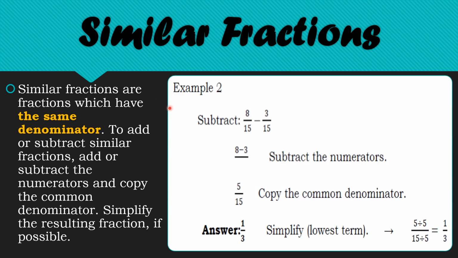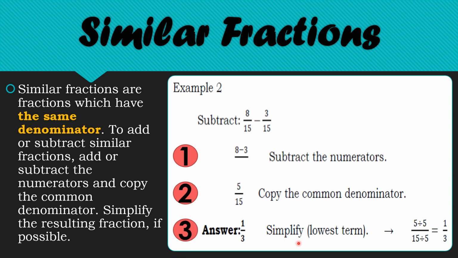Example number 2. Subtract 8 over 15 minus 3 over 15. Step 1. Subtract the numerators. 8 minus 3 is equal to 5. Step 2. Copy the common denominator. The denominator is 15. Step 3.